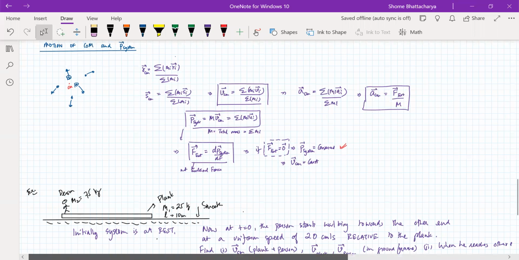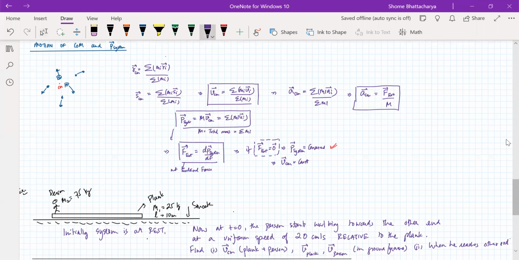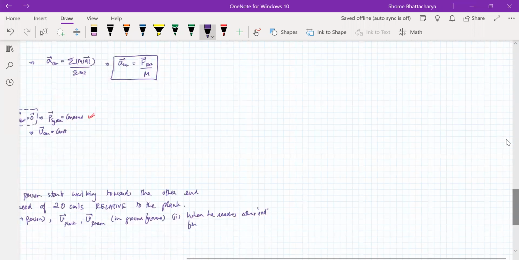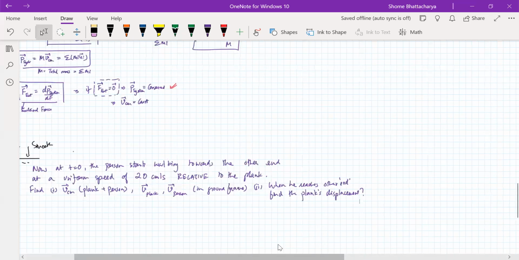Sorry, not the center of mass, but the displacement of the plank. So how much is the plank's displacement by the time the person has reached the other end of the plank?